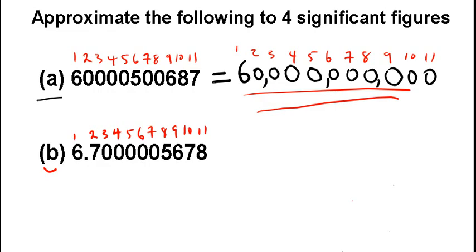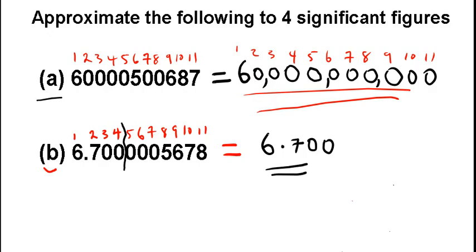So here, the answer to this is going to be 6.700, because we are asked to stop at four significant figures. So here, this is where the 4 stopped. So it's 6.700 becomes your answer for B.